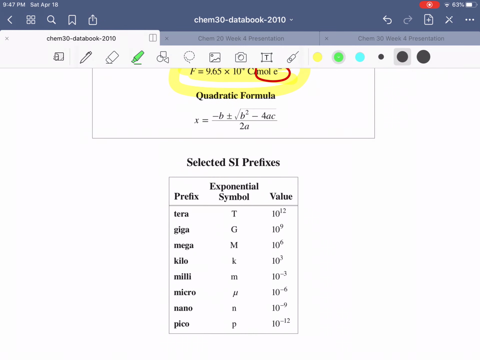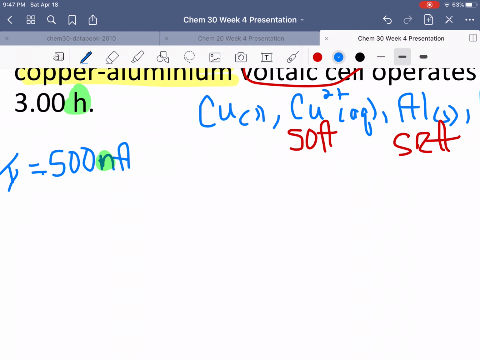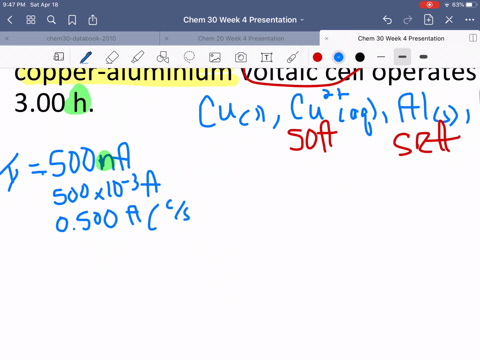Look at those prefixes, right? A little m is 10 to the negative 3. So I can just replace it as such, right? In other words, then, our current is going to be 500 times 10 to the negative 3 amps. Or another way to put that is 0.500 amps, in other words, coulombs per second.